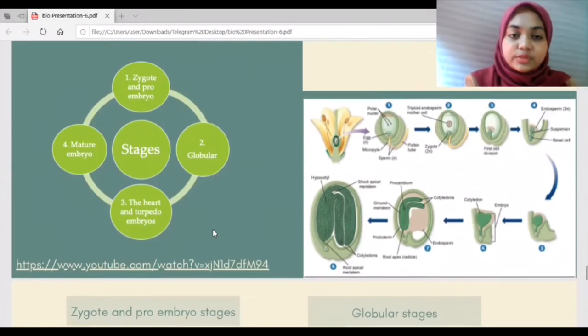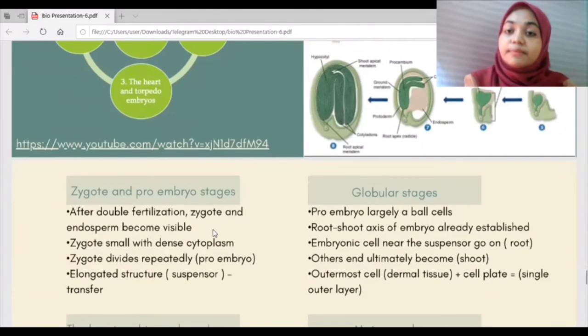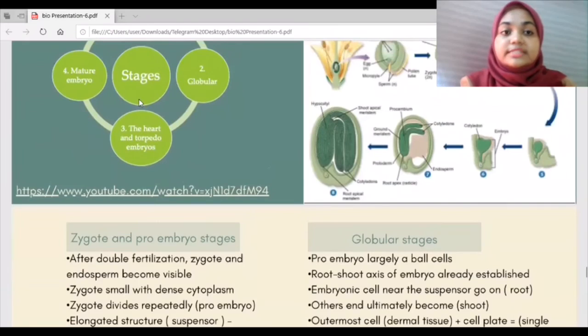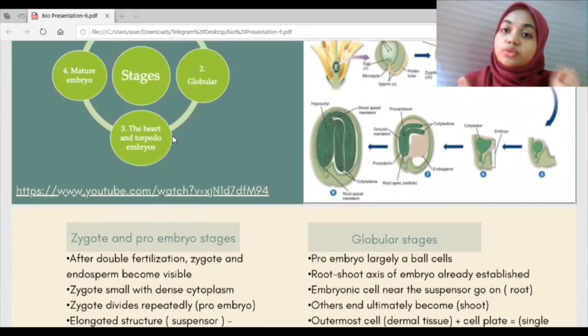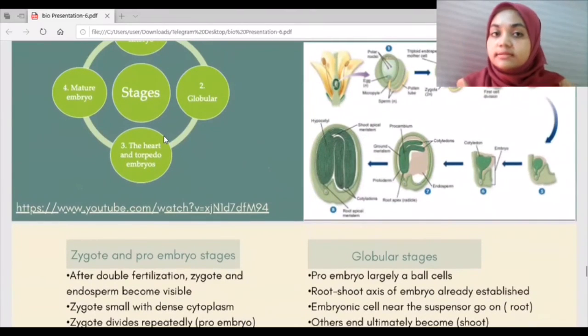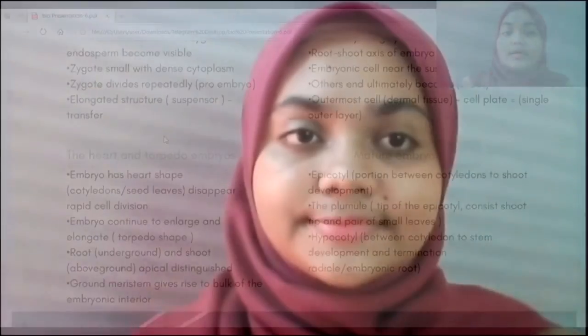Next is the globular stage, the ball shape. Then the heart and torpedo embryo: it becomes heart shaped, then torpedo shaped, which will become two cotyledons if it is a eudicot. Lastly it becomes a mature embryo.